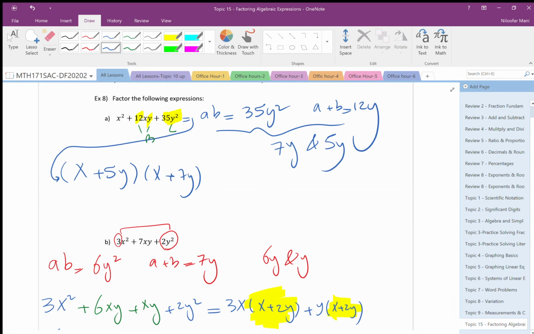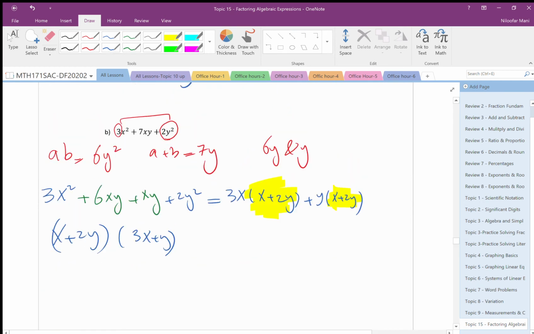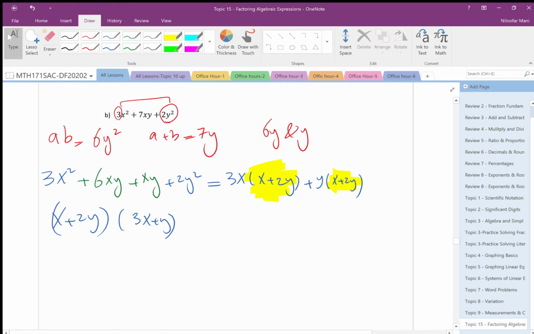So, now you can do the same thing for this one. I am looking for two numbers. If I multiply them, it's 6y squared, and if I add them, it's 7y. So I can say 6y and 1y, and then I rewrite the middle one.